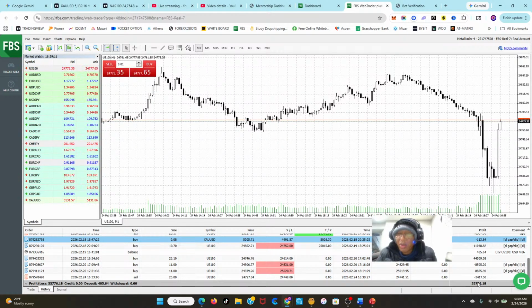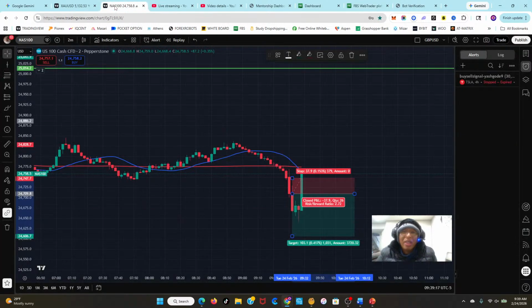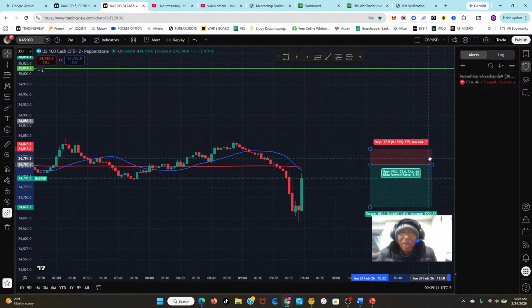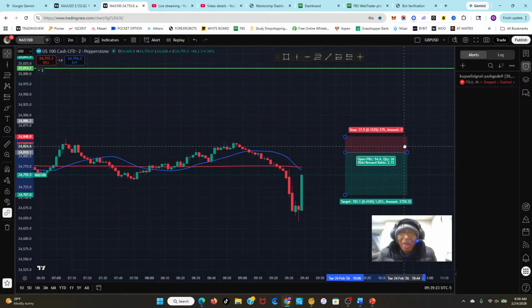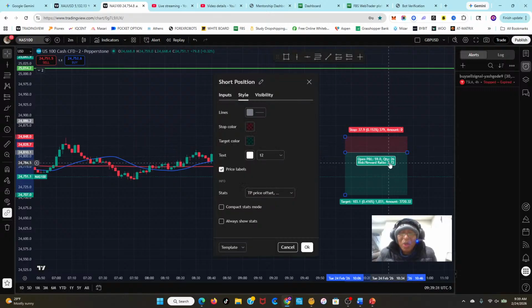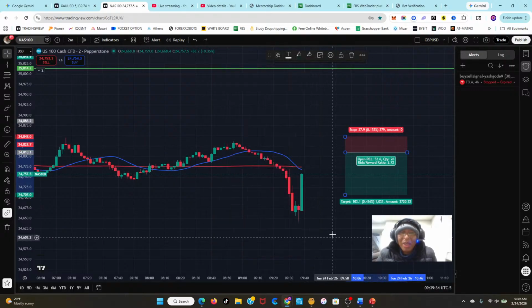We got out with a minor damage to that. Whew. So this one, we're going to trade this big bar. Okay, so we're going to trade this bar to the upside.